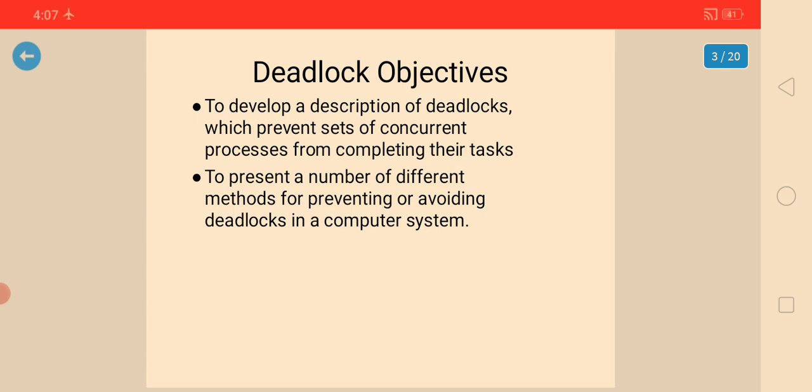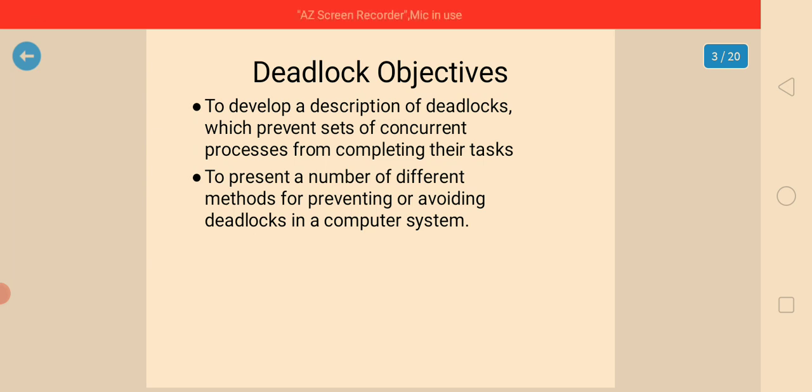Deadlock means what here? A deadlock is a situation where a set of processes are blocked because each process is holding a resource and waiting for another resource acquired by some other process. This situation we are going to call deadlock.